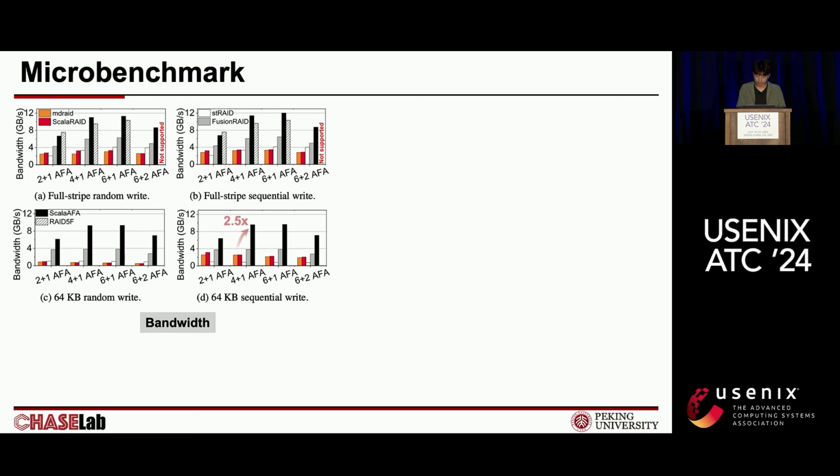For example, in the 64 kilobyte sequential write test, ScalaAFA improves the write throughput by 2.5 times compared to FusionRAID. Interestingly, Raid5F, the ideal case of software-only implementation, outperforms ScalaAFA a little in 2+1 AFA, as shown in the slash columns, but has worse performance in 4+1 and 6+1 AFAs. This is because conversion offload is minor in 2+1 AFA, whereas it becomes huge as the number of SSDs increases.